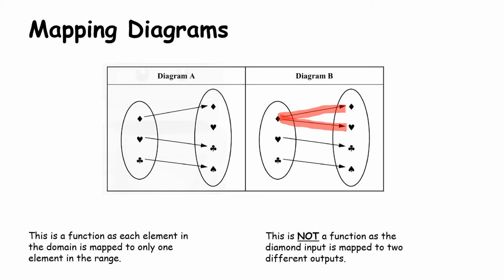If I put the value of 3 into a formula, I shouldn't sometimes get a 1 and sometimes get a 2. I should only get one specific value. So when I sub it in, I should only get one value out. If I don't, then that is not a function. When we're dealing with mapping diagrams, like in this case, you're looking out that there is only one arrow coming out of each input.